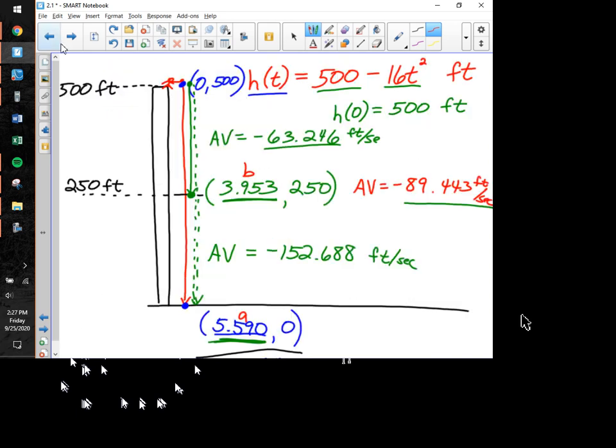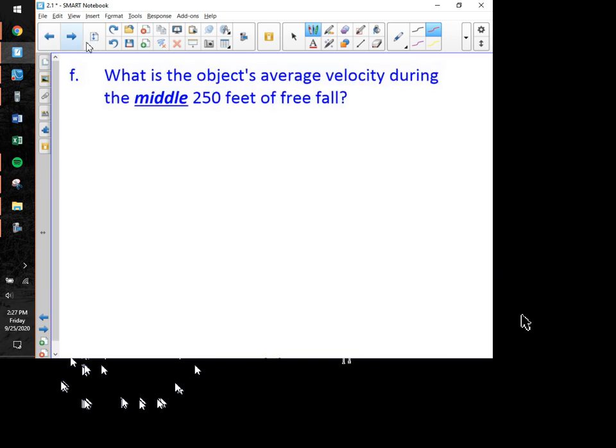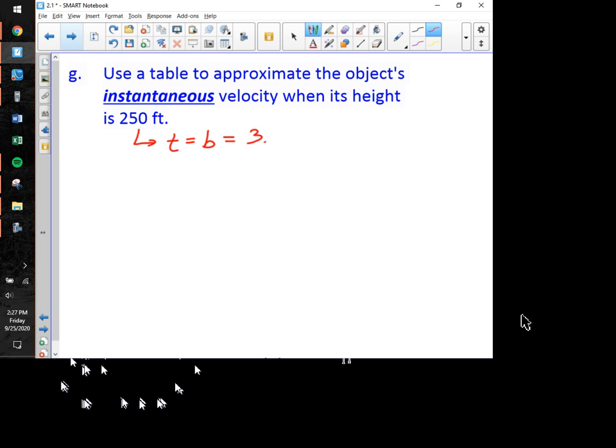A height of 250 feet happened right here, yep, at a t value of 3.953 seconds. There are three different ways we could do this problem. I like the symmetric difference quotient the best, so I'm going to run with it that route.